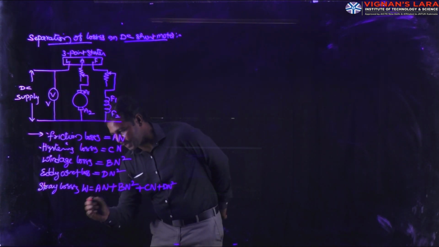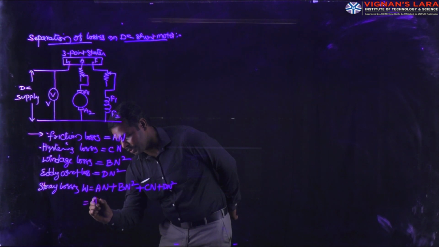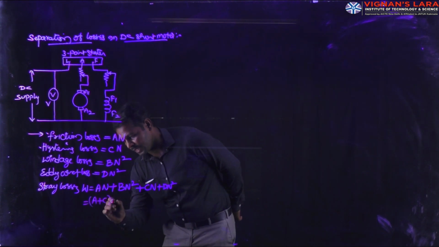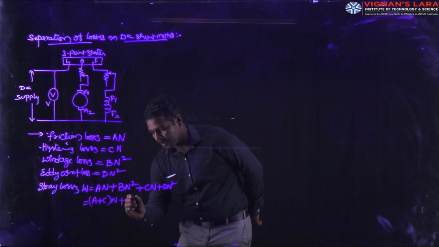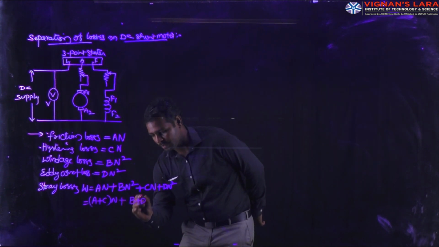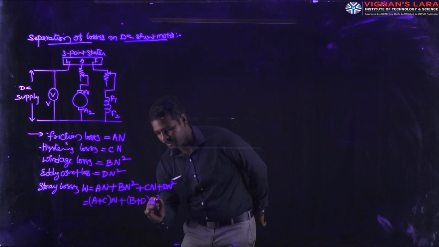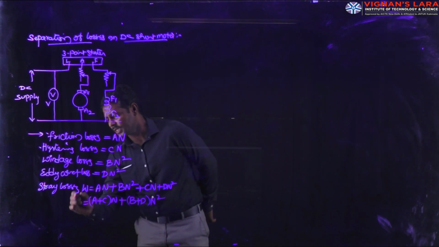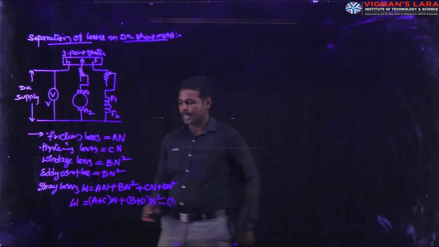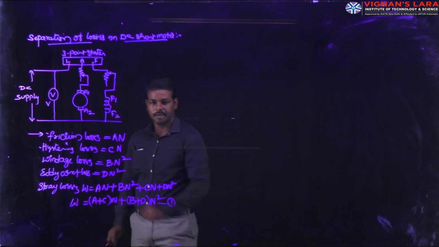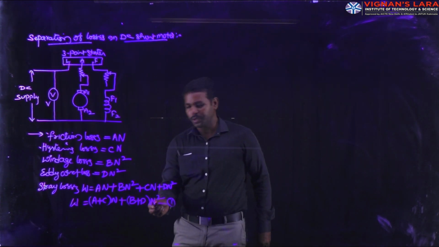So in this equation, stray losses is equal to A plus C into N, plus B plus D into N square.